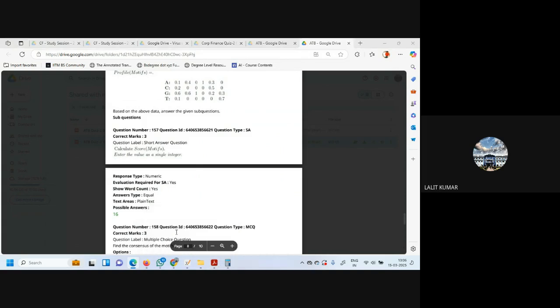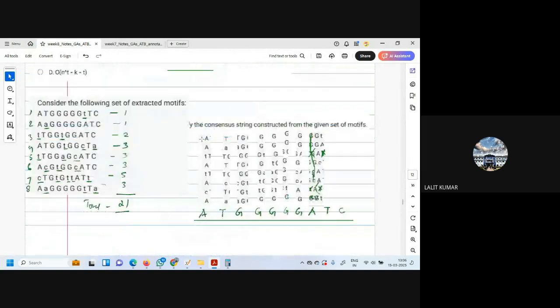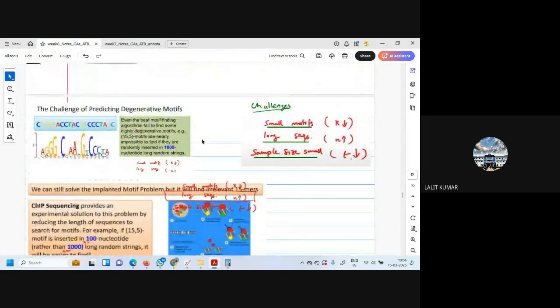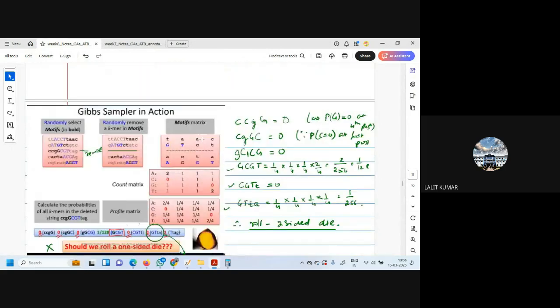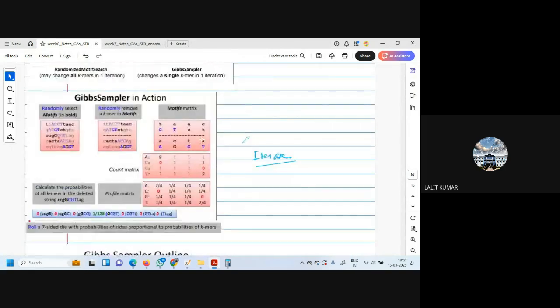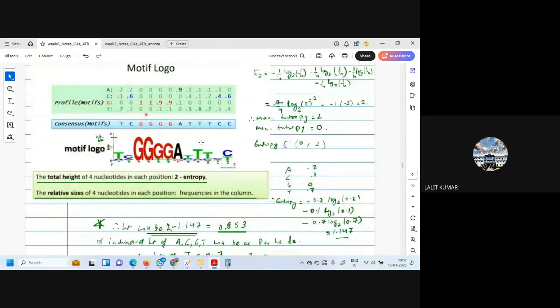Shall we see our notes again for this? What is the score of motifs? This is week 8. So score of motifs. We've seen Gibbs sampler. Size we have seen.